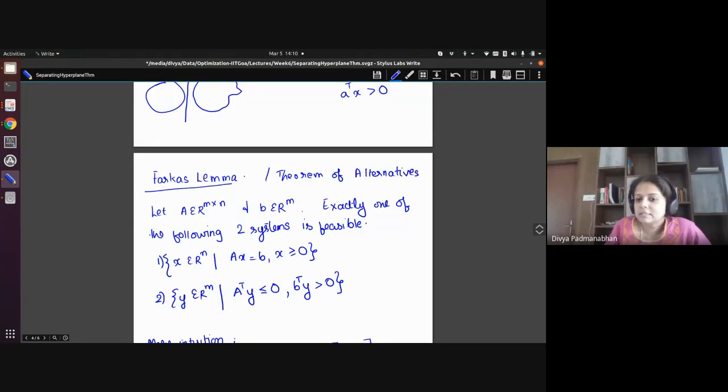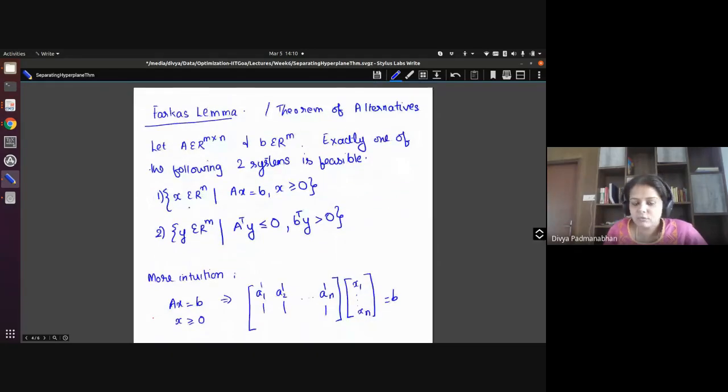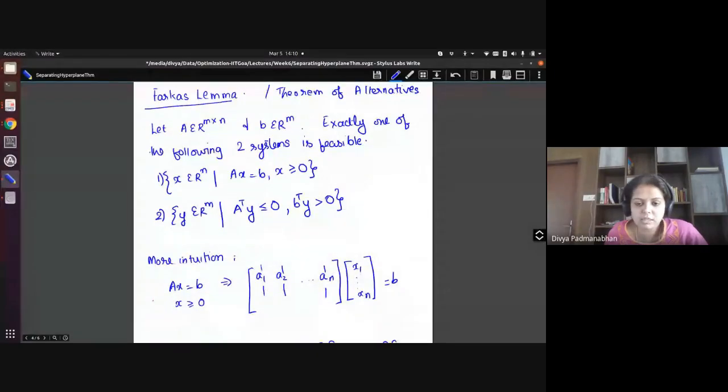Let's try to understand what this means. It's just a whole lot of notations and matrices and vectors. What does it mean? Let's look at the first system: x in R^n such that Ax = b with x non-negative. If you represent A with its columns A1, A2, up to An, what you're looking for is some combination of these A1 to An which gives you b.